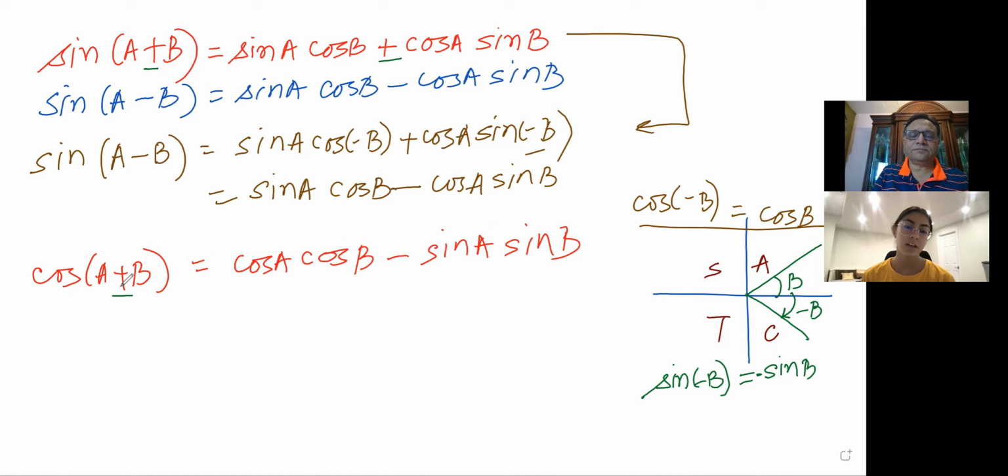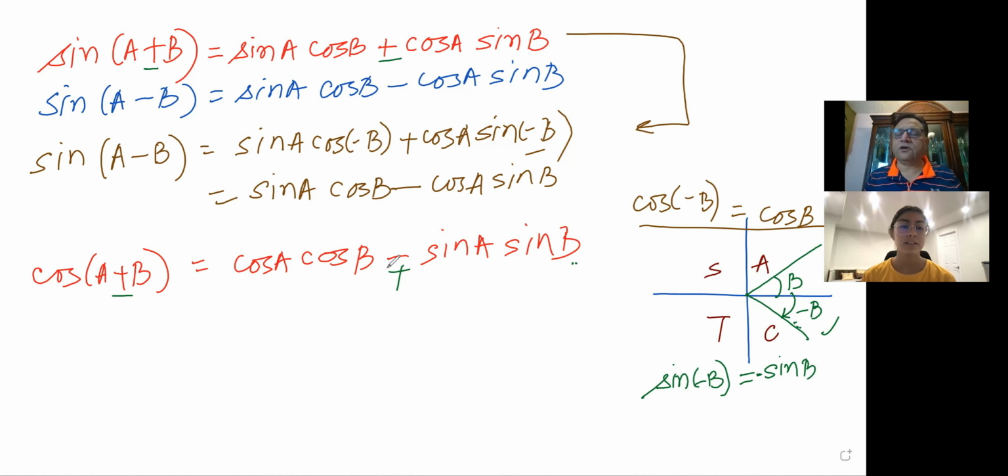Cos A cos B is not going to change, because the minus would still be quadrant 4, but the sign would change for the sine term. A is still positive, so only B has gone to the negative part, quadrant 4. One negative will make it positive. So cos A minus B is cos A cos B plus sin A sin B.